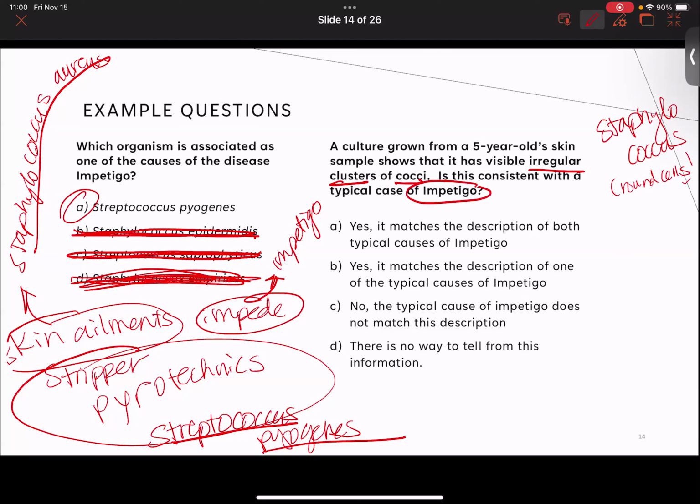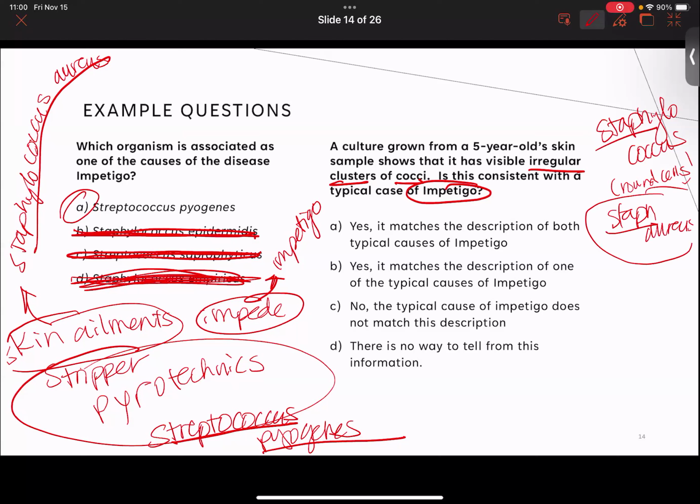So in unit 4, we learned that impetigo is our problematic stripper disease. So we don't want to cause problems for our strippers with this impetigo. And it can be caused per our little mnemonic, Staphylococcus aureus or Streptococcus pyogenes. Right. So this could be Staph aureus for this one, right? Because staph.